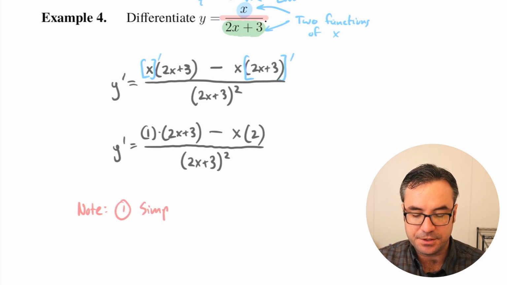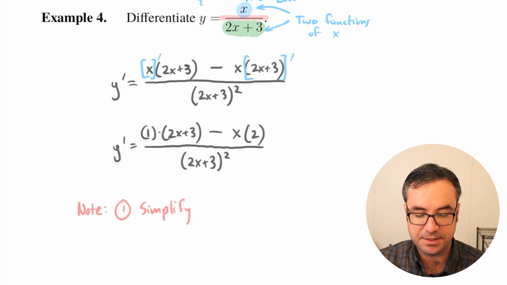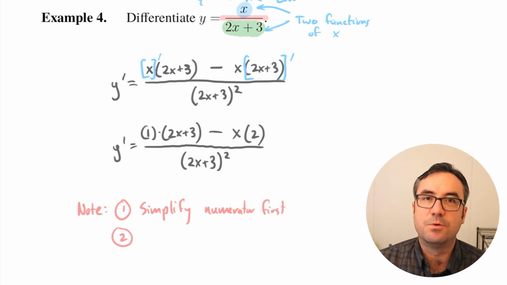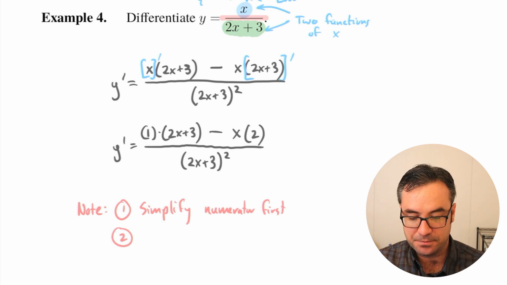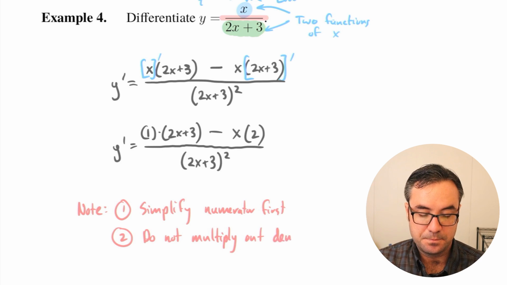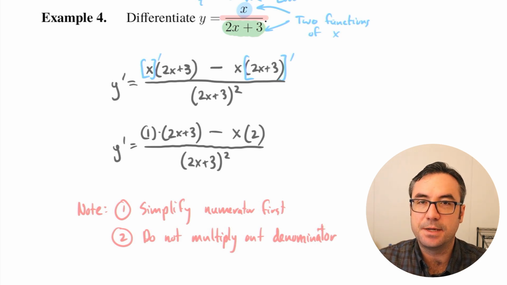Simplify the numerator first, if you did want to simplify this down. And usually the second one here is really just leave the denominator alone. So don't multiply out that denominator. Tempting, but usually it's not too helpful to do that.